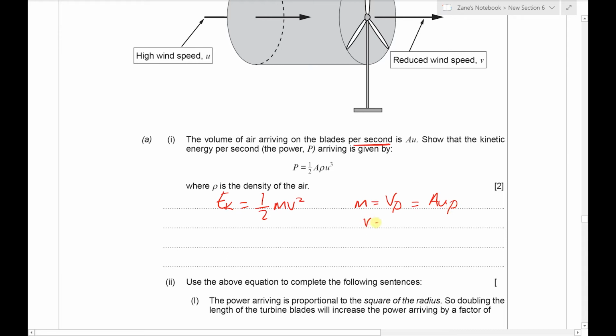And v is going to be the speed that the wind is entering the turbine, in other words u. So our kinetic energy formula, or our power, which is kinetic energy per second, is going to be 1/2 A times u times rho times u squared, which will indeed give us the 1/2 A rho u cubed that we were asked to give, the u times the u squared giving u cubed.